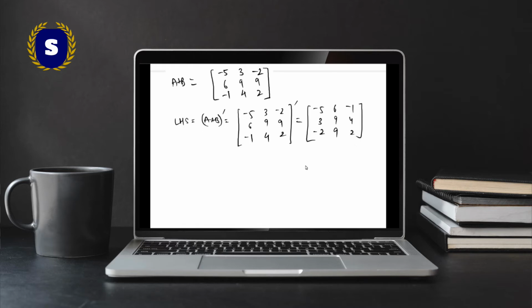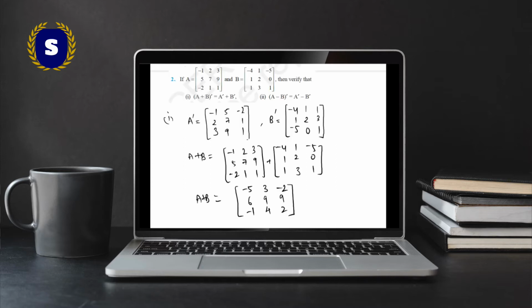Okay. Let's go back and copy these matrices and we'll paste it on the next page.